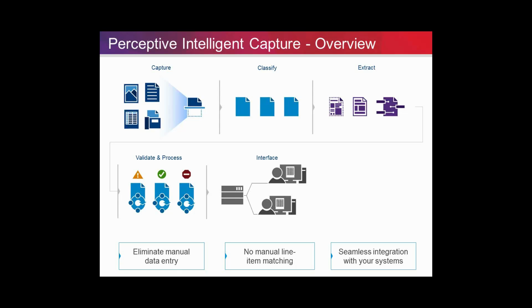Other than that, we're eliminating that manual step, and we're integrating it with your application so that the data can go right in. So whether you're running Oracle or SAP or PeopleSoft, being able to take that extracted and validated information and put it into your financial application so you don't have to do the data entry, and having that all work seamlessly, is what intelligent capture is going to provide to you.